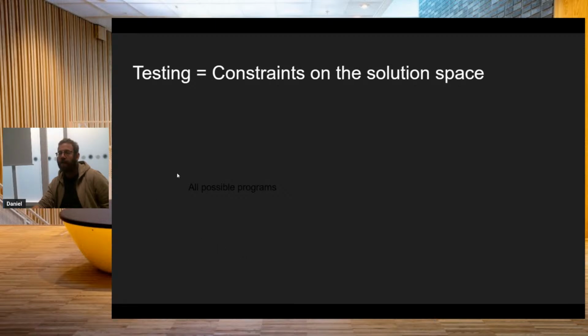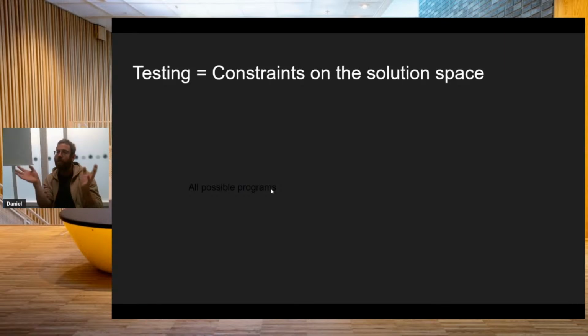tests as constraints instead. Let's imagine that we can have all possible solutions to a problem. So we have all possible programs, but only some parts of those programs are solving our problem. Let's take something very, very simple, like the add method we had during the first lecture.